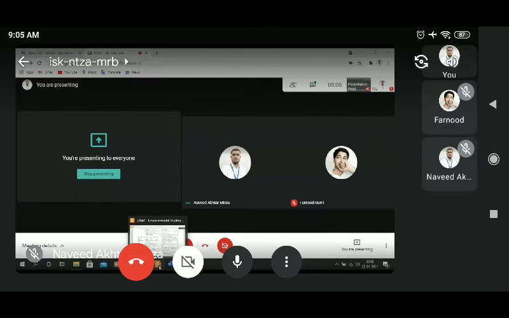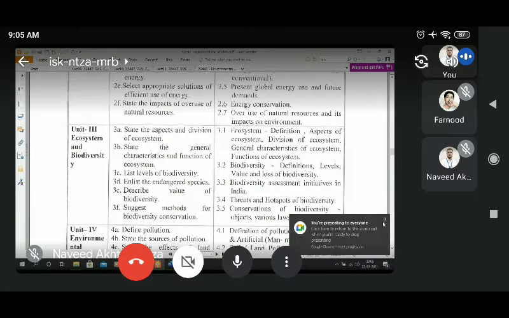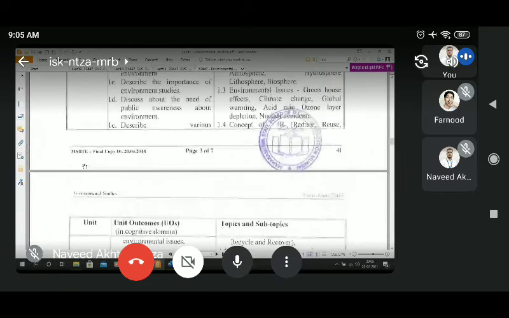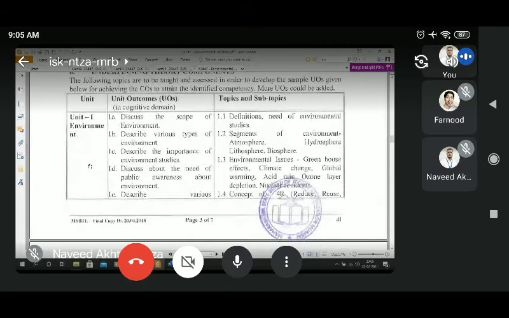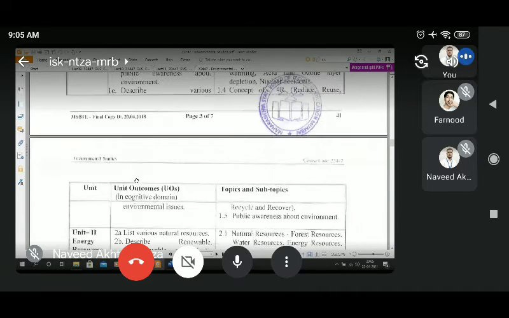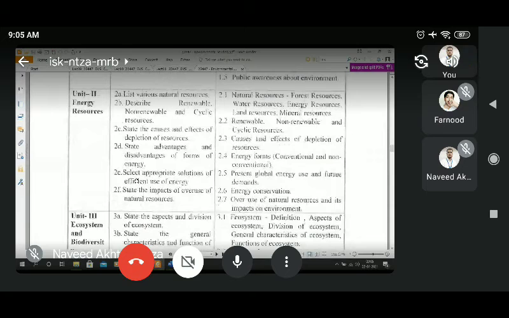Okay, so we already finished the unit number 1 and 2 for your classes. That is the introduction of your environment and segments of environment, also the issues related with the environment, and the 4R concept to reduce the environmental issues. And in unit number 2, we have seen the energy resources.